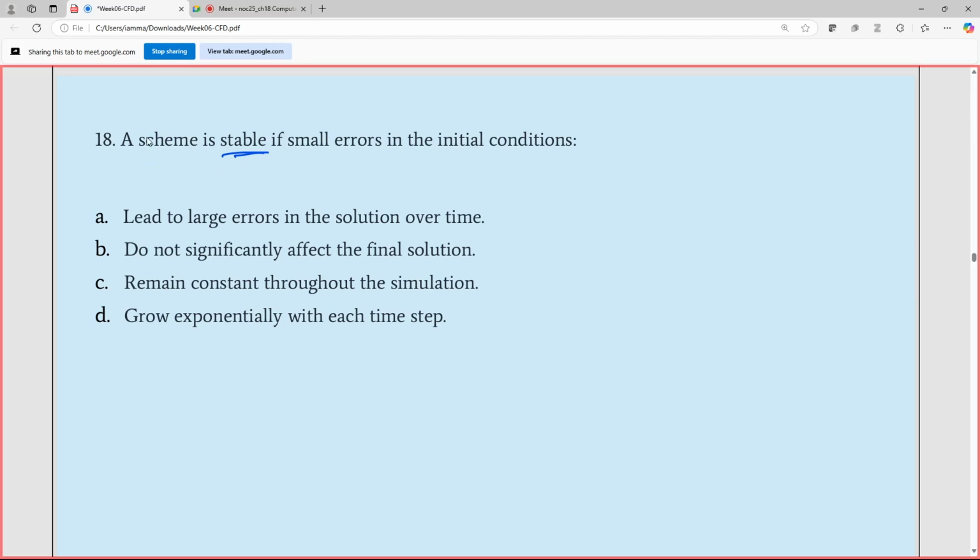For a scheme to be stable, how should the errors in the initial condition propagate?